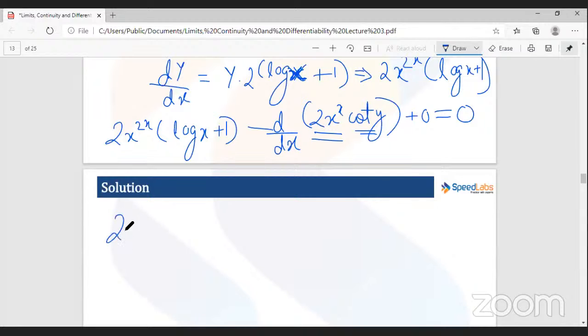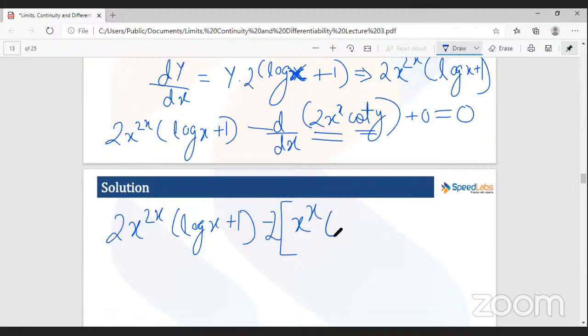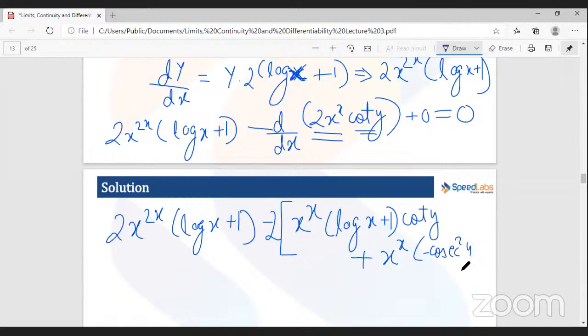So what do we get here is 2x raised to the power 2x (log x plus 1) minus 2, which can also be taken outside common. So the differentiation of x raised to the power x is x raised to the power x (log x plus 1). Cot y remains the same, plus x raised to the power x into minus cosec square y, the differentiation of cot y, into dy by dx, and this is equal to 0.